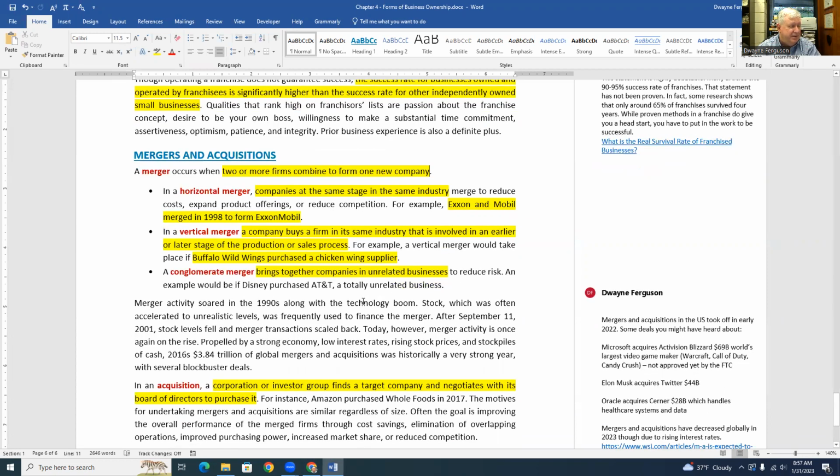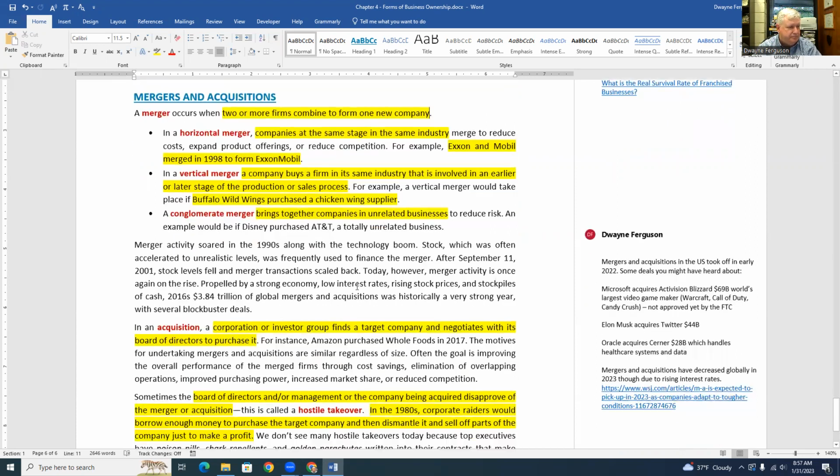So anyway, now that these are getting really close, a lot closer together, that's probably not the best example of a conglomerate, but if you had a company that's in oil and gas and they buy a company that's in food production, that's a conglomerate. They're totally unrelated businesses.